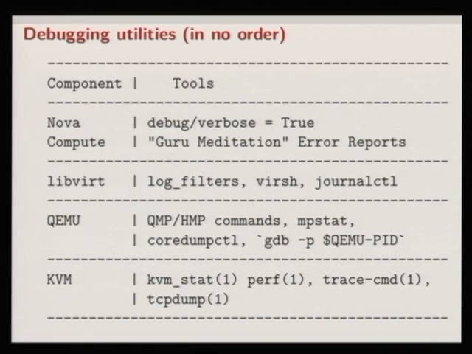Followed by that, libvirt has a few very detailed utilities that will let you examine a request in a very granular fashion. The libvirt log filters is one that will let you do that. We will discuss that also in a few minutes. And the libvirt shell wrapper virsh tool as well.